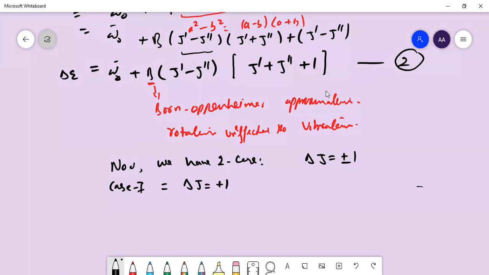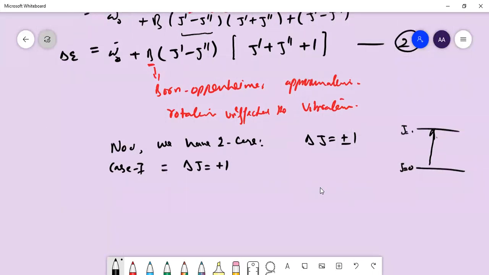Means our transitions are taking place from J is equal to 0 to J is equal to 1. So this is the case when your selection rule says the change in the rotational quantum number is plus 1. Plus 1 means that your molecules are exciting from ground state to first higher excited state. So if I consider J'' equal to J, J' equal to J plus 1, what I have here is a value that is J' minus J'' is equal to 1.